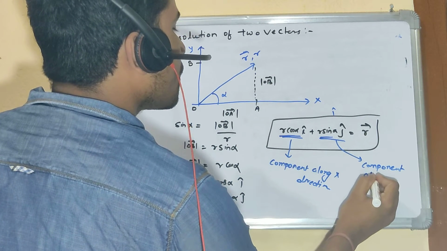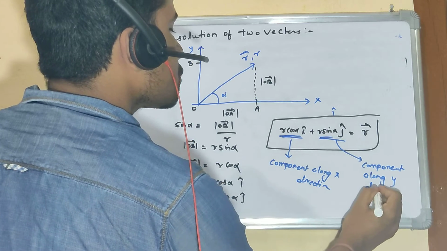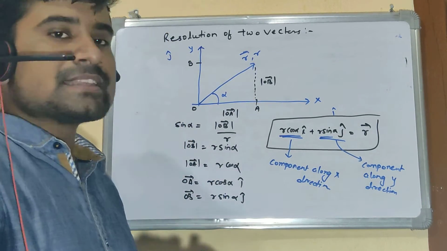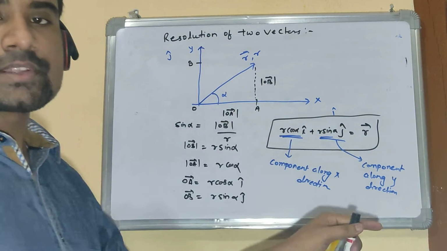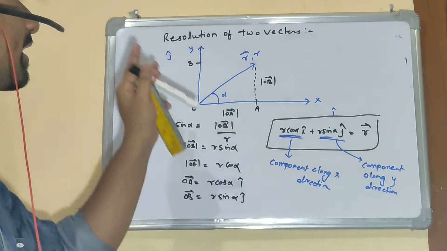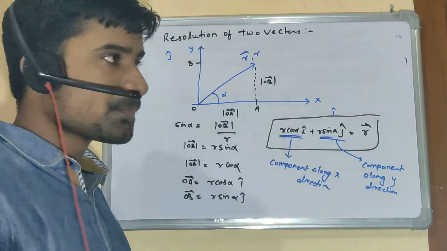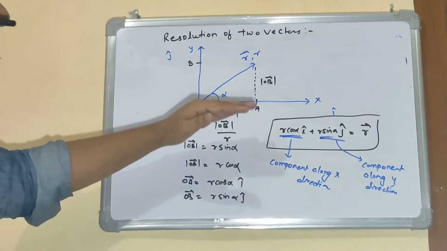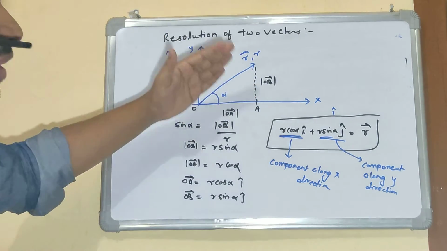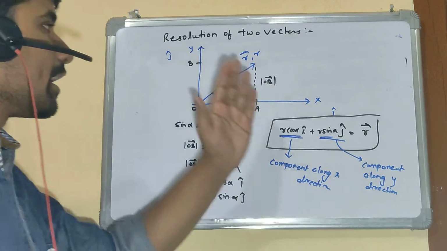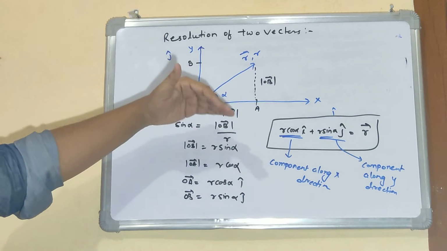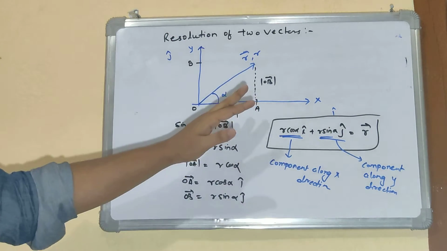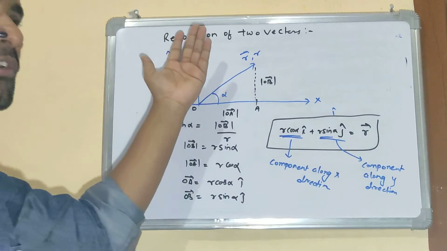We can say that any vector can be written as a sum of two orthogonal components, and that is what we call resolution of vectors. This R vector was angled alpha with respect to the x-axis. It's a very general rule: along alpha, the component is always cos, which is OA, R cos alpha. And the other orthogonal component will be sine.